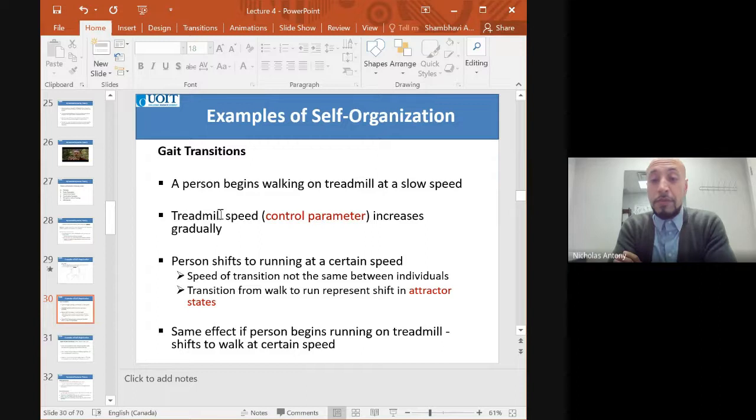Does that make sense, everyone? The pattern of running just self-emerges out of the changing variable of speed. So that would mean that our brain has to store less information. Yeah, exactly, it just happens.